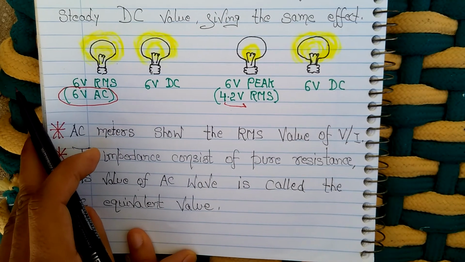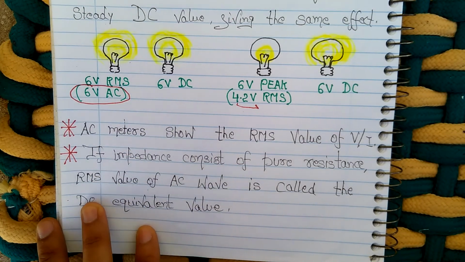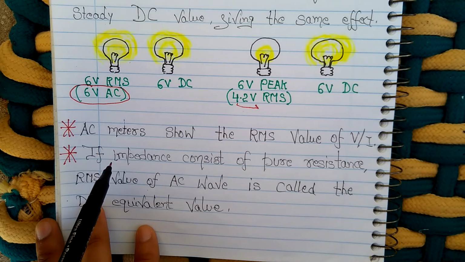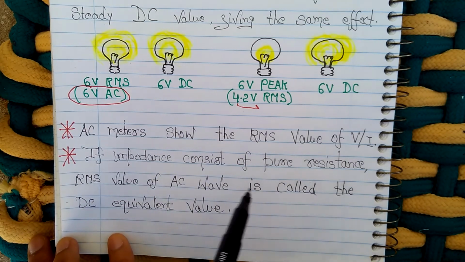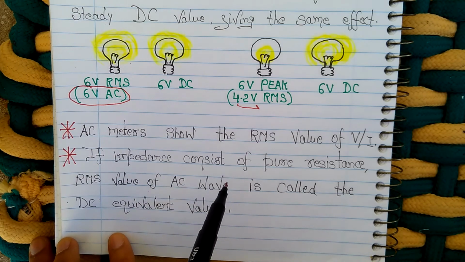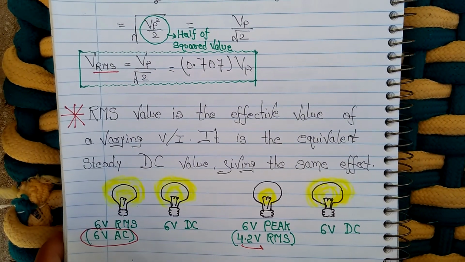The digital meters show some absolute value, so they are configured to show you the RMS value. If impedance consists of pure resistance, the RMS value of an AC wave is called the DC equivalent value, as we told earlier. So this is all about the RMS, root mean square value.